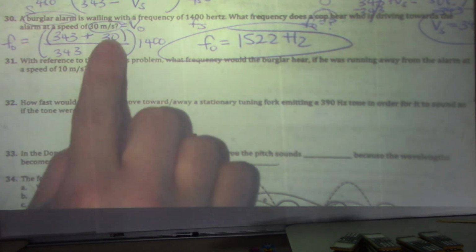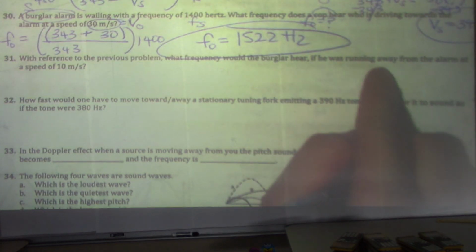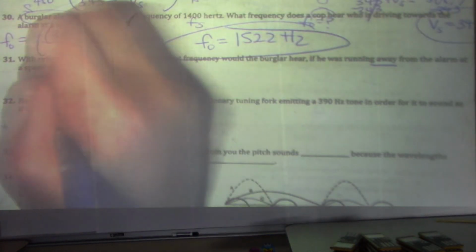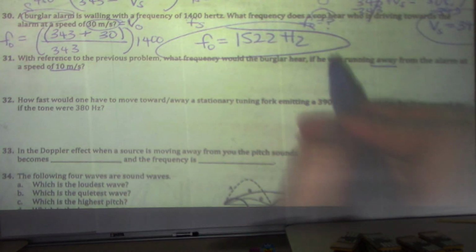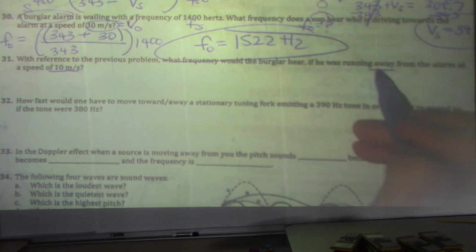Continuing with this problem, what frequency would the burglar hear if he's running away from the alarm at 10? Same source frequency, but now I'm going to get a different observed frequency because now I'm going away. It should be lower, and I'm going at a different speed. It's pretty much the same question, but now it is a minus because he's going away, and it's moving at 10.